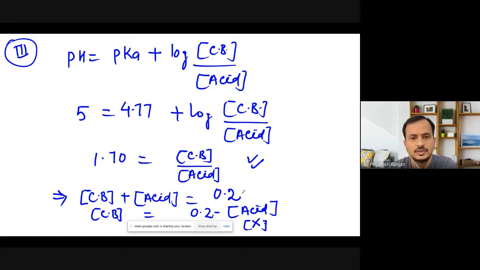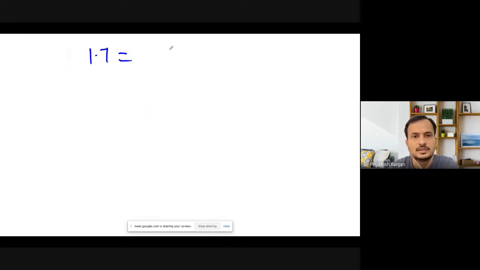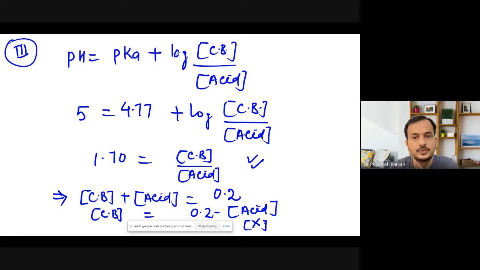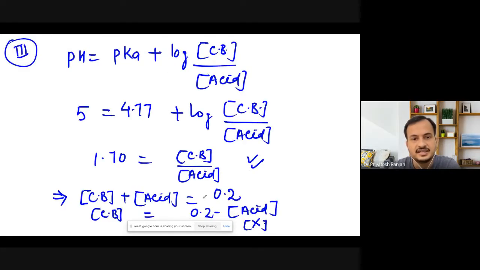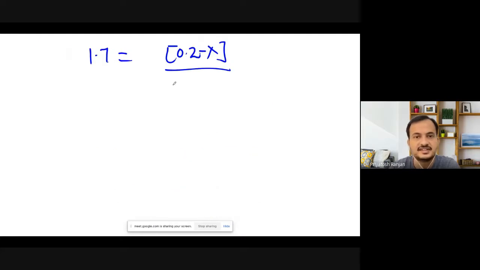So I'm going to get 1.7 equal to concentration of conjugate base, which is going to be 0.2 minus X. And the concentration of acid? I have considered the concentration of acid to be X. Simple.